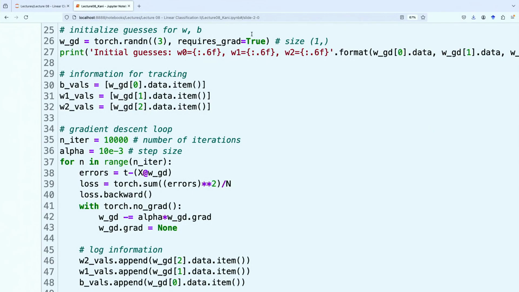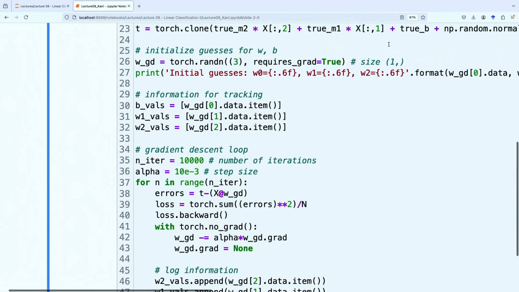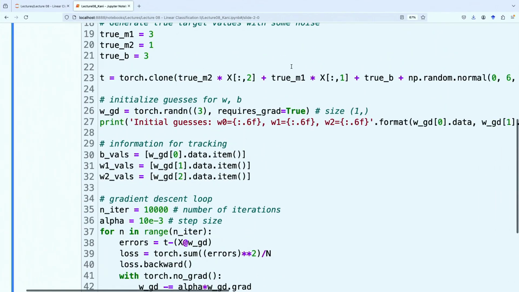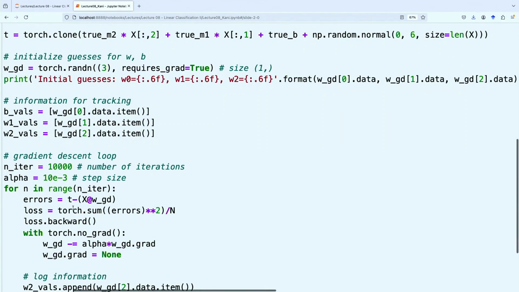This requires us to turn the gradient tracking on for PyTorch. Remember that. And then we do pretty much the same thing as we did last time. We have the ground truth values, which are just the synthetic data set plus some noise. We take the ground truth values minus the inputs times the parameters.